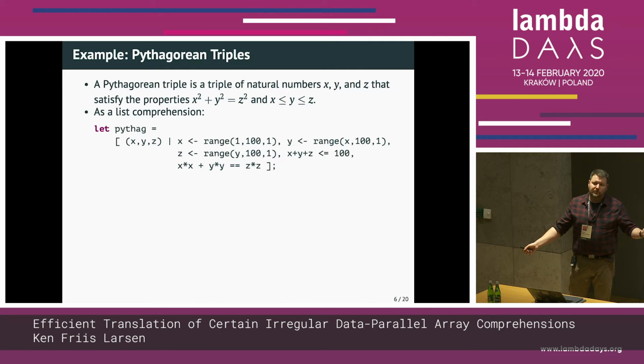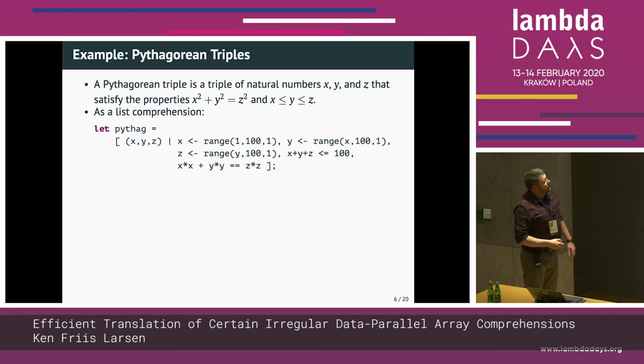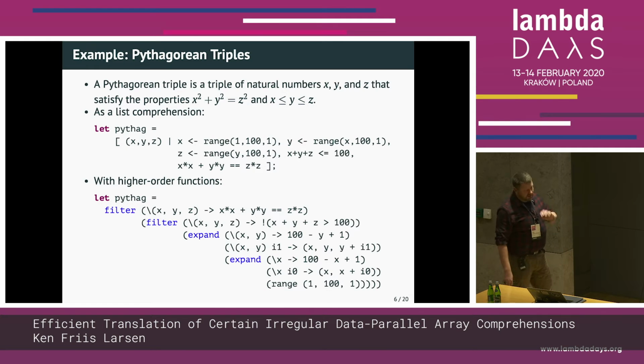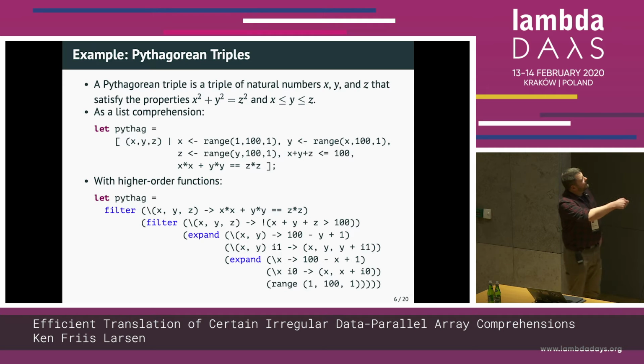I mean, we can do it with straight maps and then concats, but these concats would have uneven size. So here's how it looks if you use expand and filter. If you read it the other way around, then here's the last filter, that's the filter here.